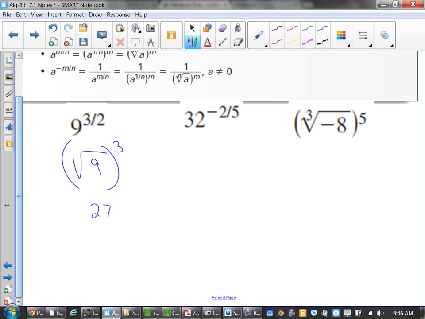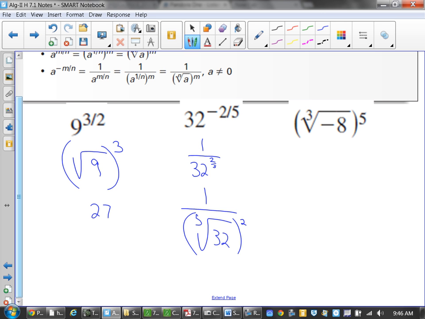Now 32 to the negative 2/5. That means it's 1 over 32 to the 2/5, which is the 5th root of 32 squared.